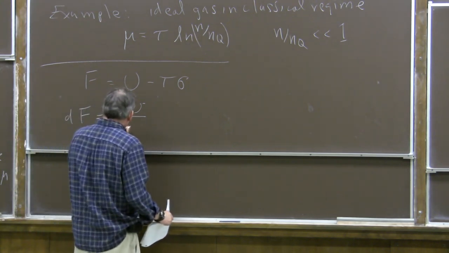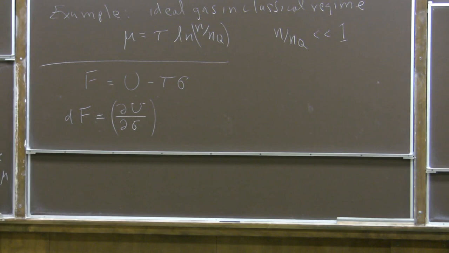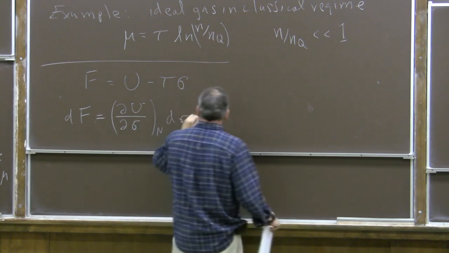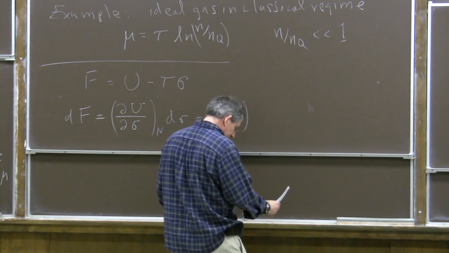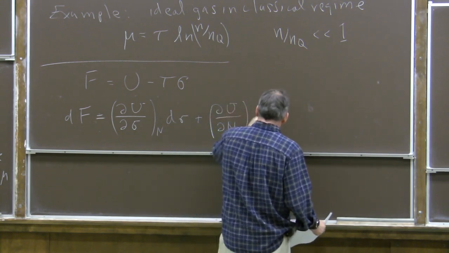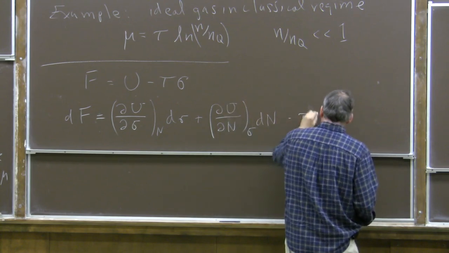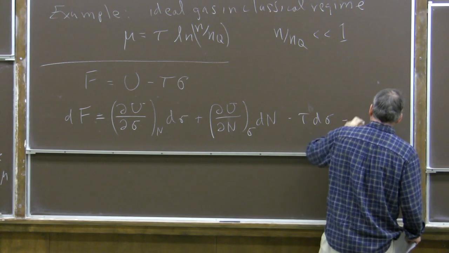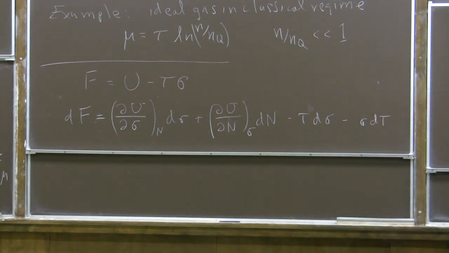So it's the derivative of energy with respect to entropy with particle number fixed times the change in the entropy, plus derivative of energy with respect to particle number with entropy fixed times change in particle number, then minus tau d sigma minus sigma d tau from the first order variation of the minus tau sigma term.